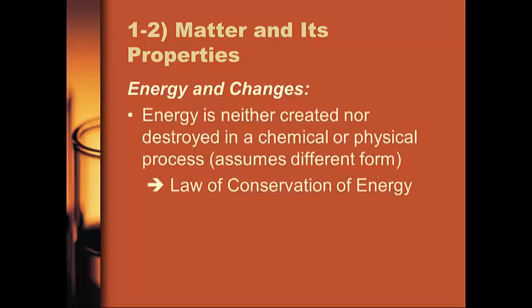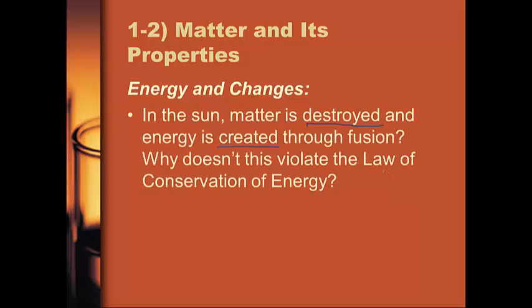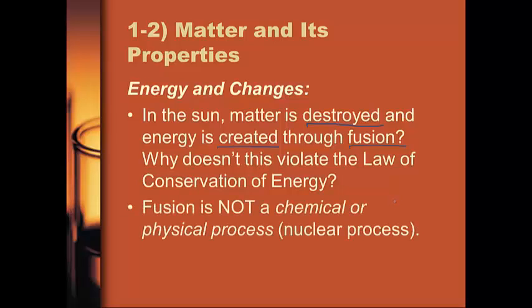If we go back and we look, it says this has to be a chemical or physical process. Here, the process of fusion is not a chemical or physical process. This is a nuclear process. Over the course of the year, you'll learn the difference between a chemical process and what a nuclear process is. So, fusion does not violate this law simply because it doesn't apply.